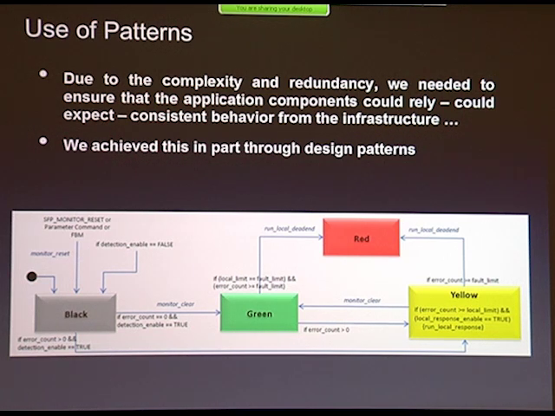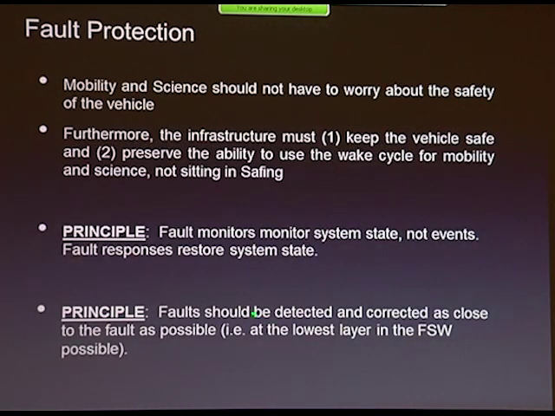So basically what we want to do is at those lower layers, at the avionics level, at the device level, if we detect a fault, we want to take some local action and try to correct and clear that monitor and take us back here. The more faults we can correct at the local level, the more we preserve our ability to do science and roving. Okay, and so that's key. So we want to catch as much here as possible.